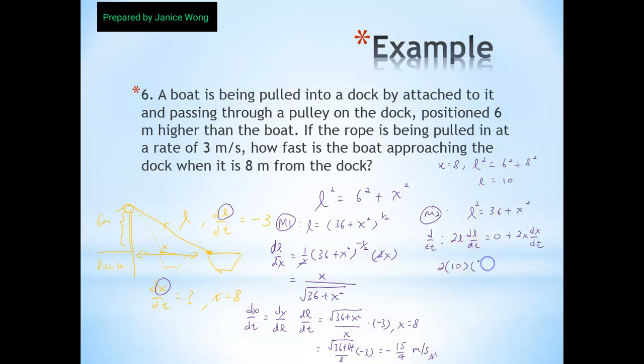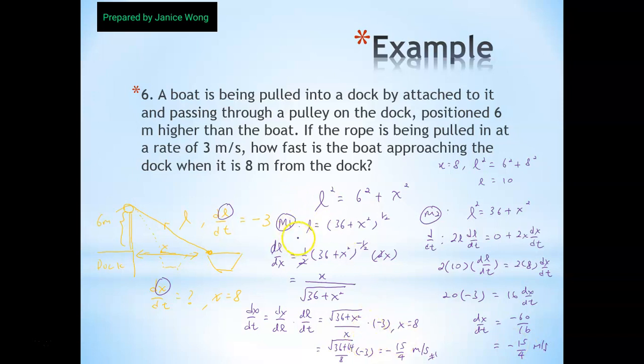Substitute L 10, dL over dt equals to 2, substitute x, which is 8, dx over dt. 20, dL over dt is negative 3, equals to 16 dx over dt. So for this, we get dx over dt equals to negative 60 over 16. That's equals to negative 15 over 4. We get the same result.